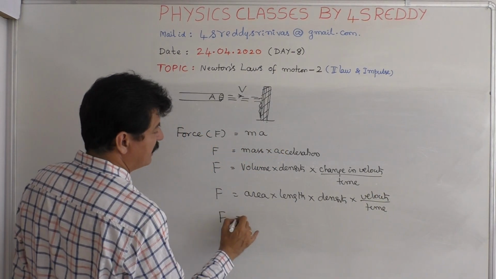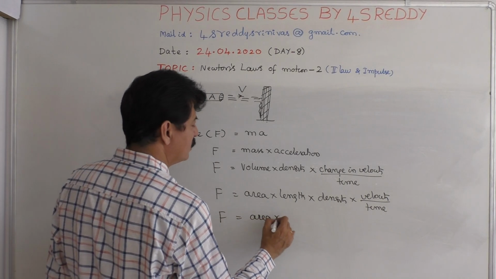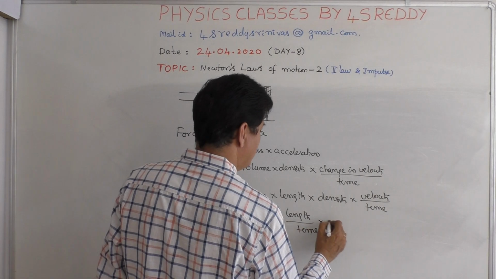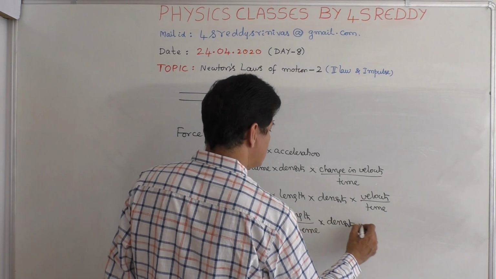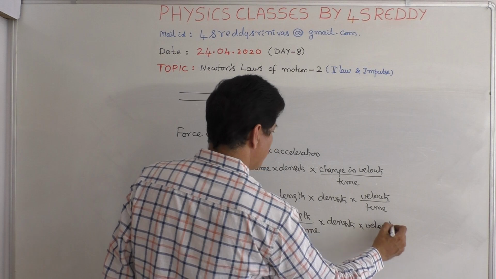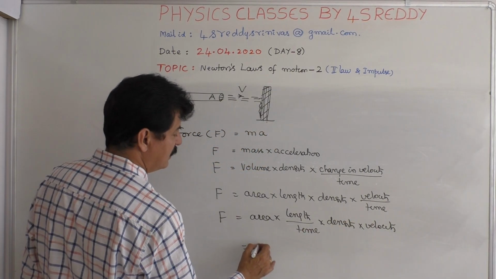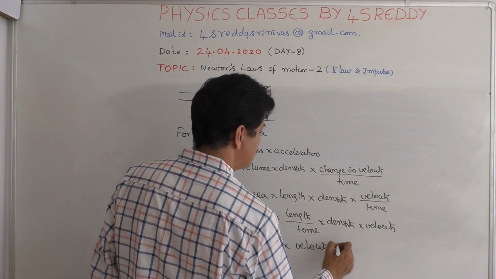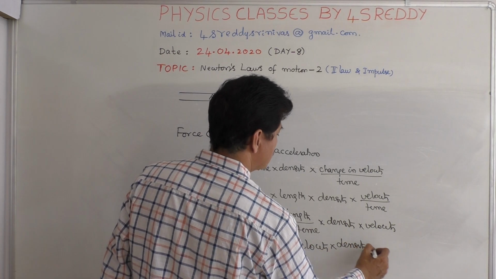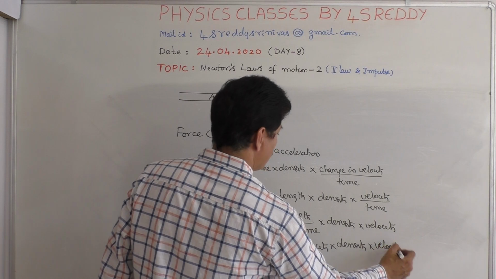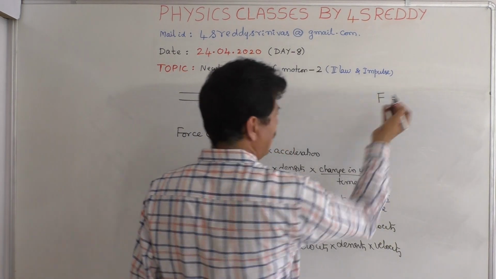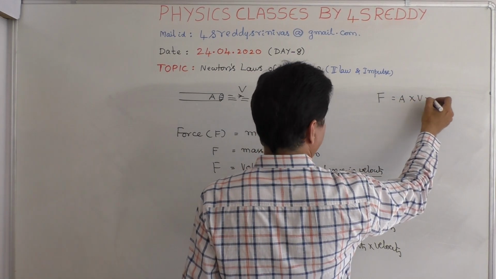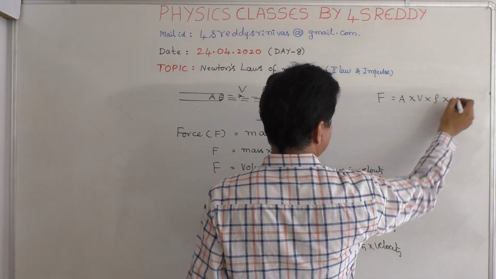Therefore, F can be written as area into length by time. Here I will take density into velocity. Therefore, area into velocity into density into velocity.